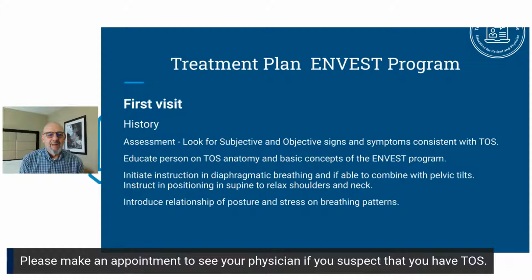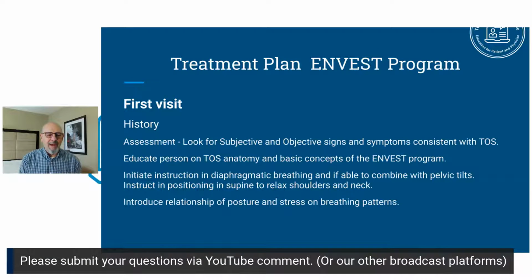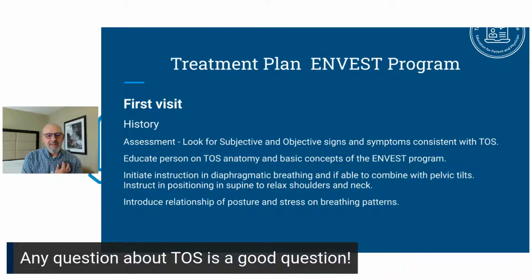Day one, we have to initiate diaphragmatic breathing. I'm going to say this part about pelvic tilts because it's in the program, but I don't talk about it in this format because it needs more specific training. But we're going to start to initiate diaphragmatic breathing in order to learn how to relax the scalenes and the pectoralis minor muscle. We're also going to initiate the patient in positioning, in this case the very first exercise in supine, to teach the person how to relax the neck and shoulder.